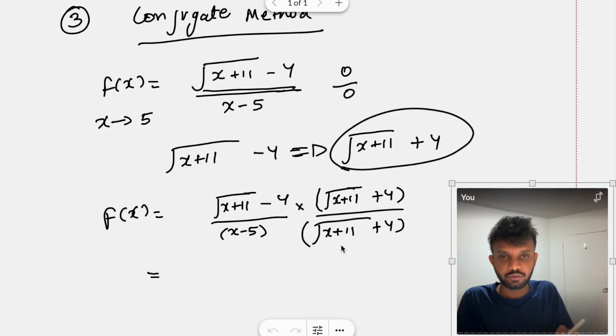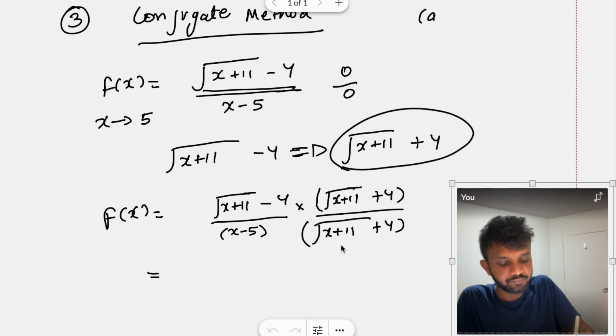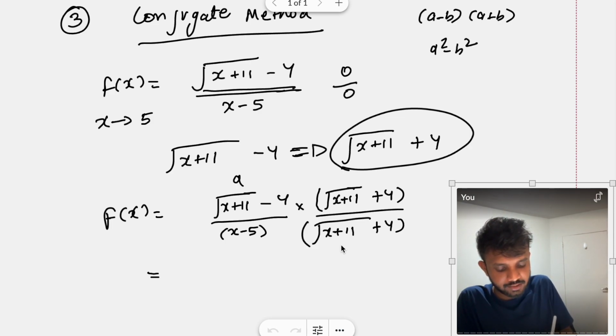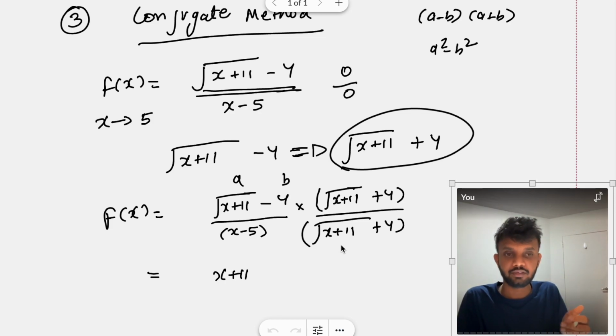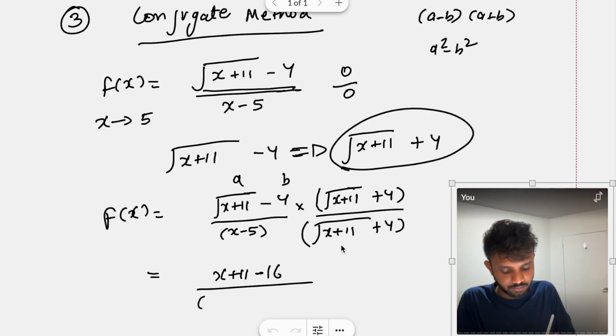So now this again reduces to the form (a - b)(a + b), so that will be equal to a square minus b square. So this is my a, this is my b. So how can I write this? As x + 11, if I square, then the under root will be cancelled, right? x + 11 and 4 squared will be minus 16 over (x - 5) into this function (root x + 11 plus 4).